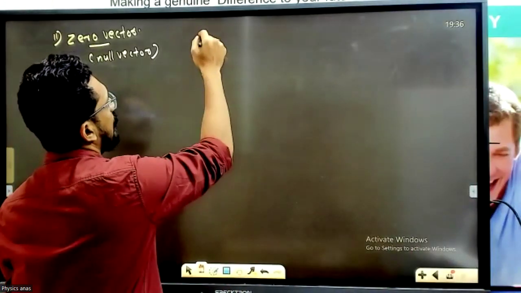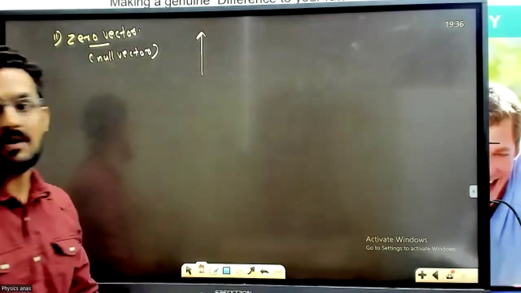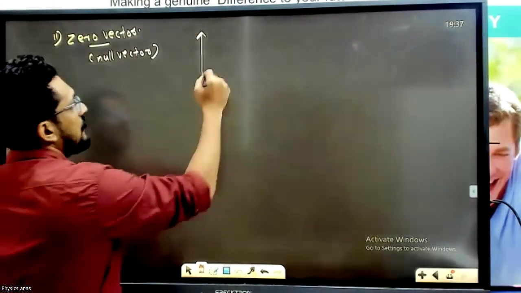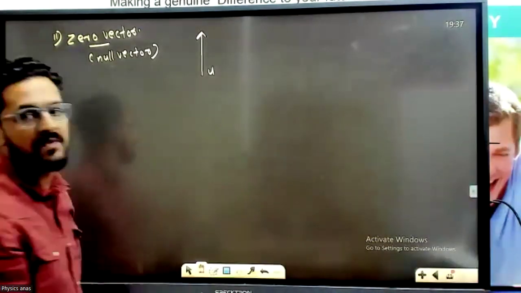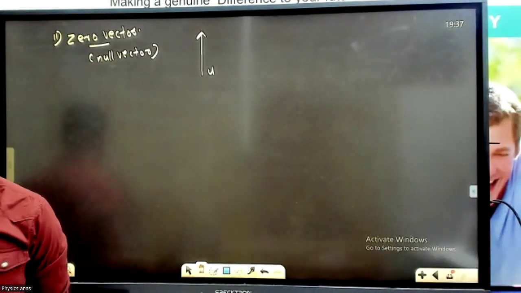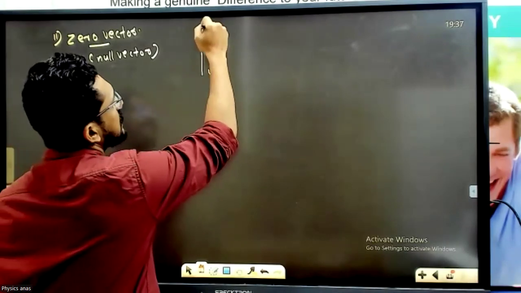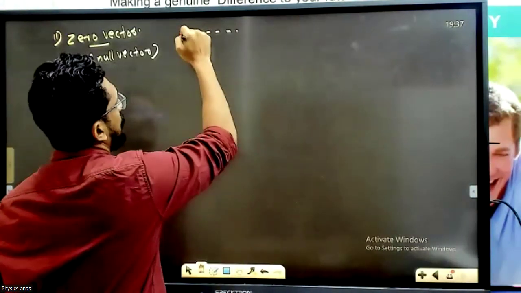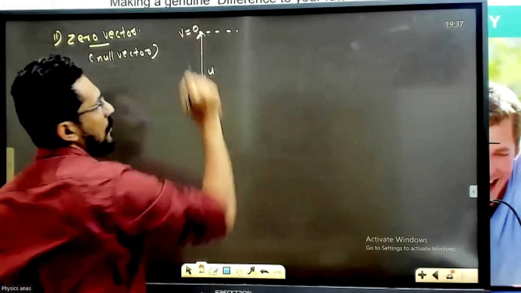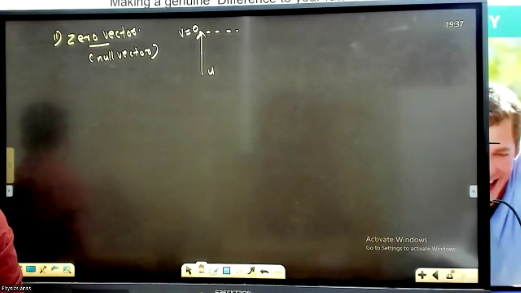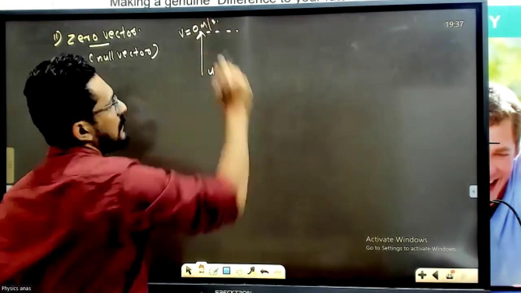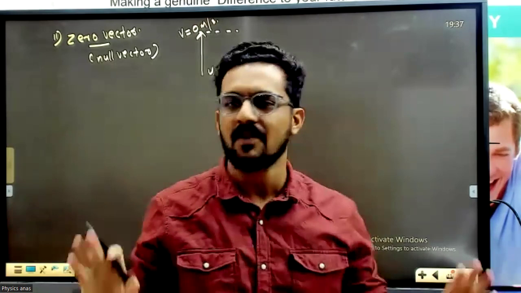If you have thrown a ball vertically upwards with an initial velocity u, and the ball has reached the maximum point, at that maximum point velocity will be 0, and you know velocity is a vector, so that will be 0 meter per second. That means the velocity is 0.